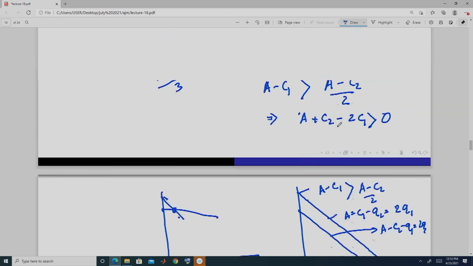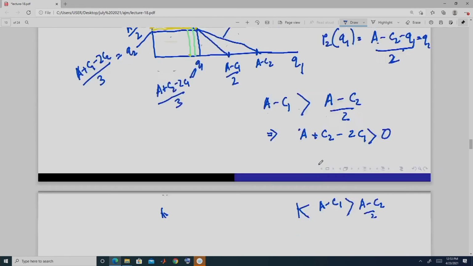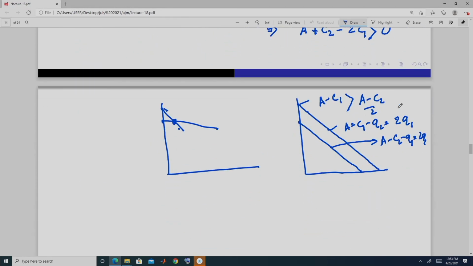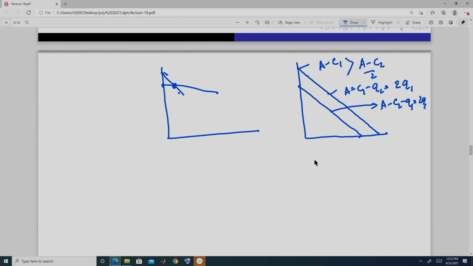Can we have this situation? Because from here we have got this, right. If we have this situation, then only we will get this. We have assumed this, but then we can have this situation. If we have this situation, that means what? From here, what do we get? A minus C1 divided by 2 is actually greater than A minus C2.